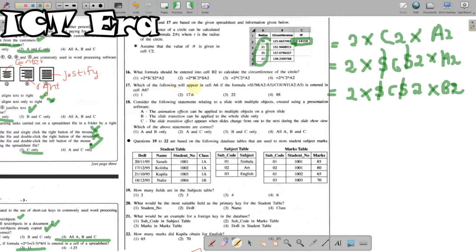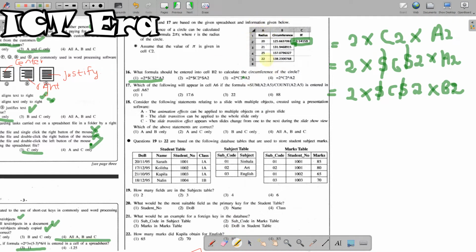So the answer is that this one cannot be taken because they used the exponent mark. Now question 17. Which of the following will appear in cell A6 if the formula is the sum of A2 to A5 divided by the count of A2 to A5?